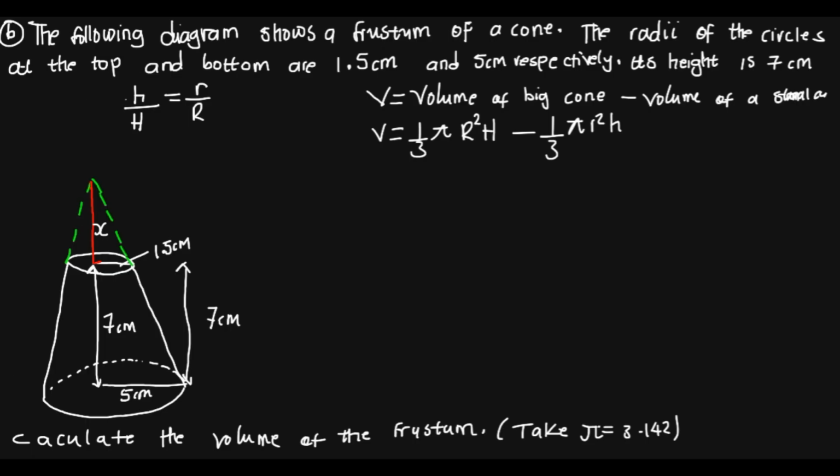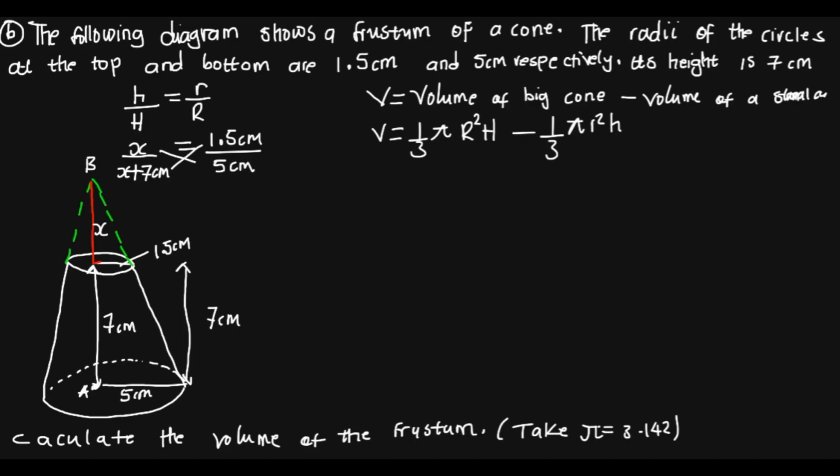Okay, so let's now look at it. The height of the smaller cone we don't have, it is x. For the larger cone, it's from this point, let me say point A up to point B, so this is x plus 7 centimeters. That is for the whole cone. Then the radius for the small cone is 1.5 centimeters, and for the larger cone is 5 centimeters.